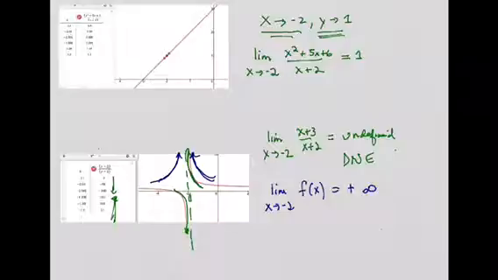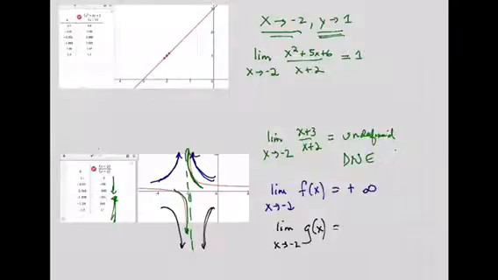We can't find what that number is, but we can tell folks that they're going in the same direction. Likewise, if I had another function, the limit as x approaches -2, I'll call it g of x, it would equal negative infinity.